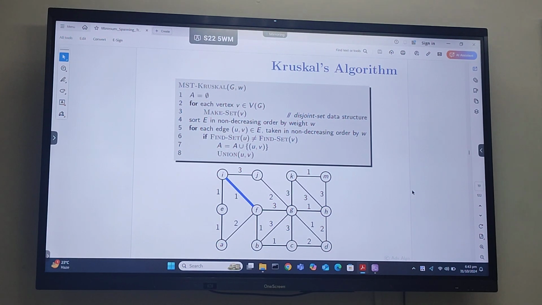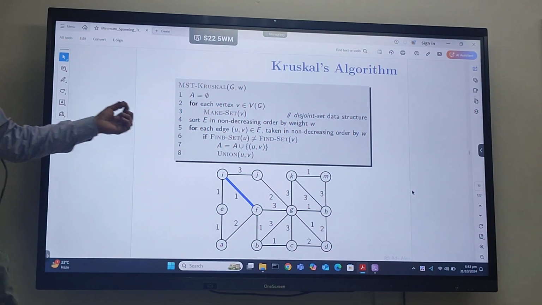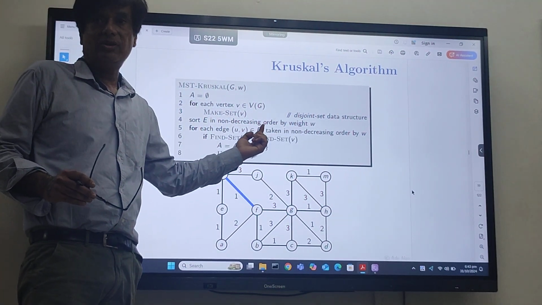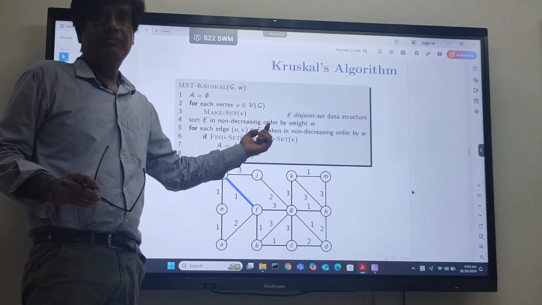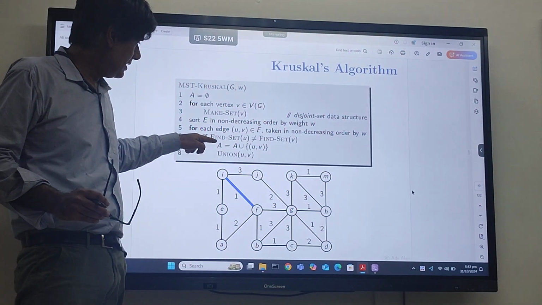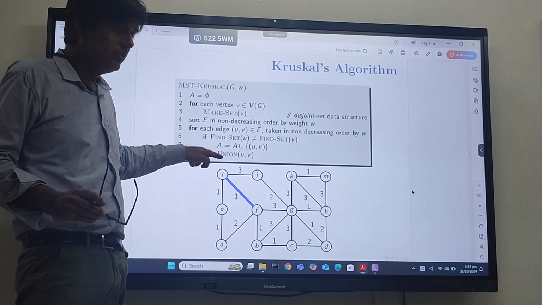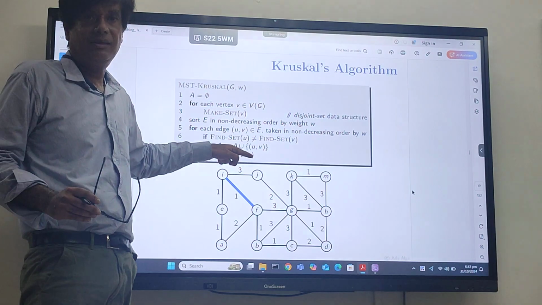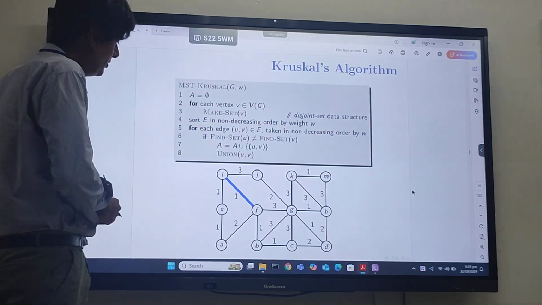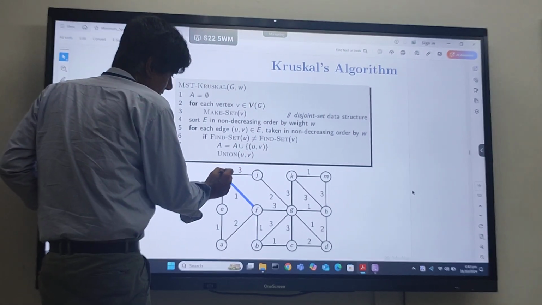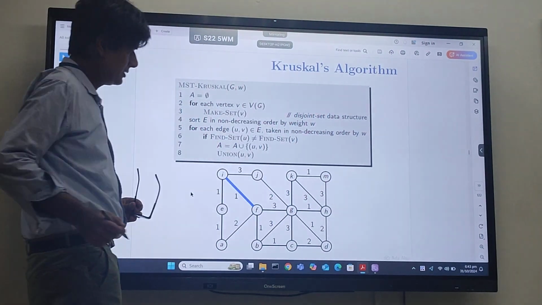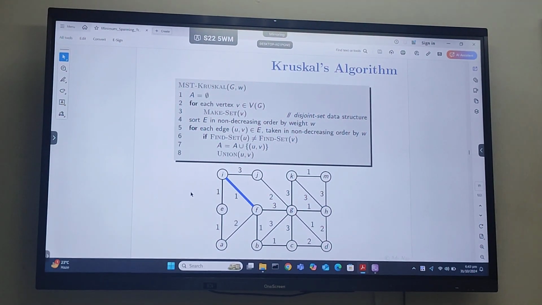The gray edge means that we are checking if it's in the same set or not. When I make it blue, that means I have executed these two lines. They were in two different sets and were merged together. So now they are in the same set, and this becomes one set.